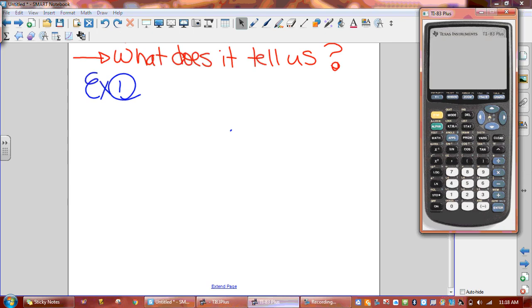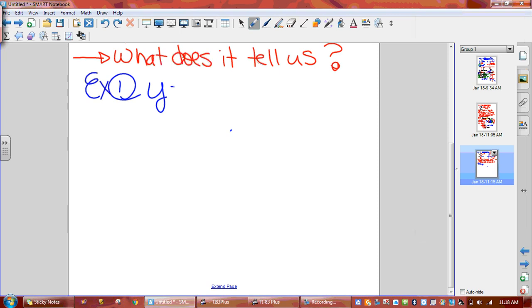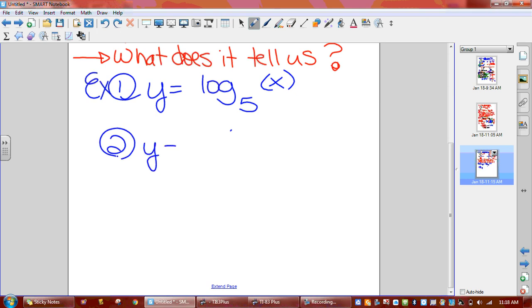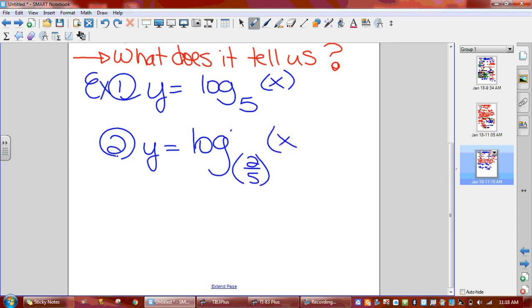We're going to put a couple examples in. So the first example we're going to put in is y equals log base 5 of x. And the second one we're going to put in is y equals log base 2 over 5 of x. So those are the two we're going to input into y equals.